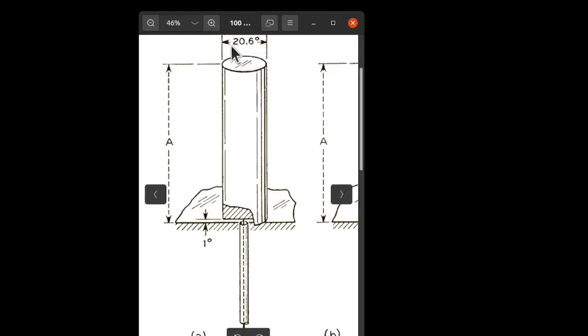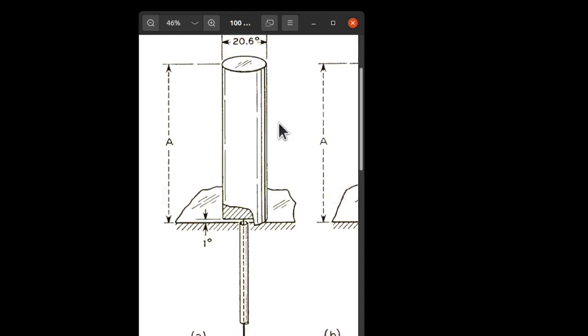However, the thickness of 20.6 degrees, we'll call that 1/10 of a wave, just to make math simple. For a 10-meter monopole, this A would be roughly 2.5 meters, and this would be 1 meter thick. So that's a pretty substantially thick monopole, 1 meter thick.